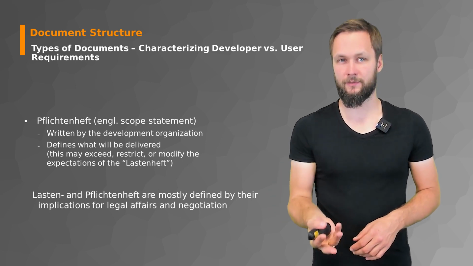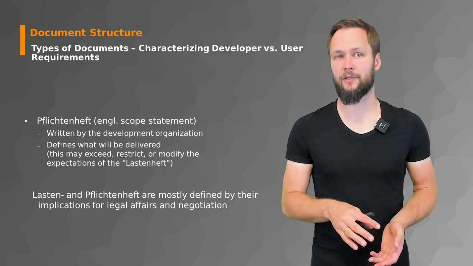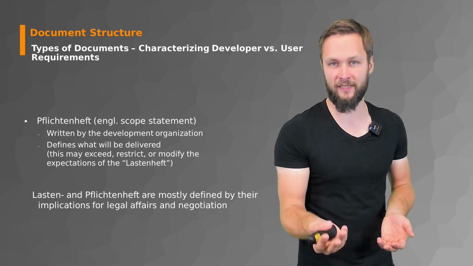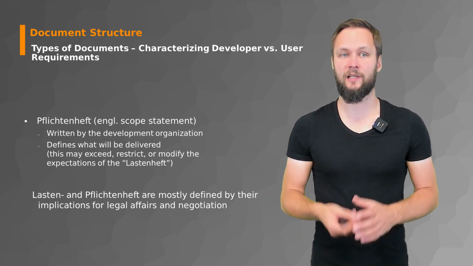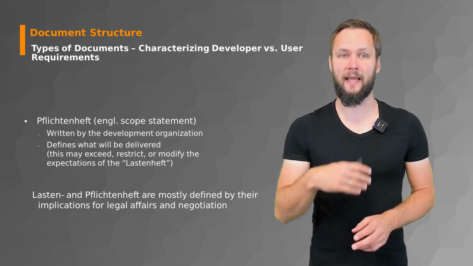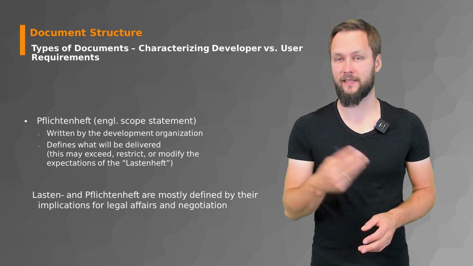On the other side, you have the so-called Pflichtenheft or scope statement, which is written by the development organization and defines what will be delivered. So you gave me your Lastenheft, I can give you back a Pflichtenheft, which then tells you what you will get. The Pflichtenheft may exceed, restrict, or modify the expectations from the Lastenheft.